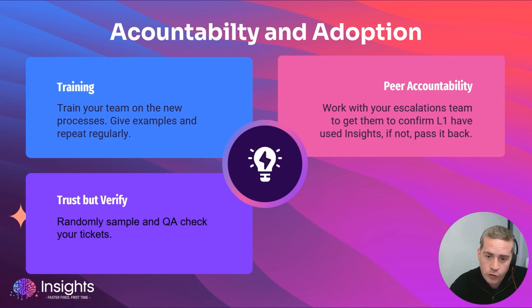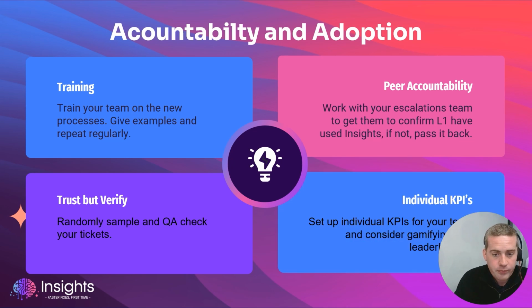The good one that we tend to find in terms of are they leveraging the tools is that all escalated tickets should show Insights being used as part of it. Obviously there will be instances of password resets where the engineer should be able to resolve it without using it, but that shouldn't have got to the escalated level if they've just solved it themselves. So that's why trust and verify at the escalated ticket level is quite a good place to have a look, from our experience.